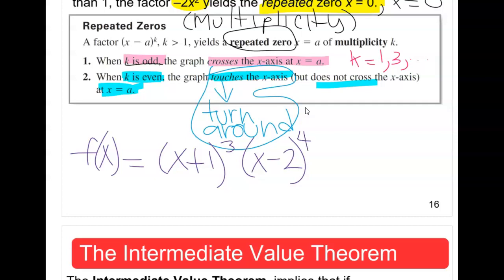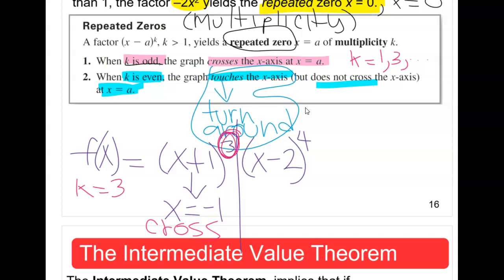So the 0 that we will find from here will be x equals negative 1. So at that 0, because this number is odd, the graph will cross the x-axis, because k is 3. So the multiplicity is odd.